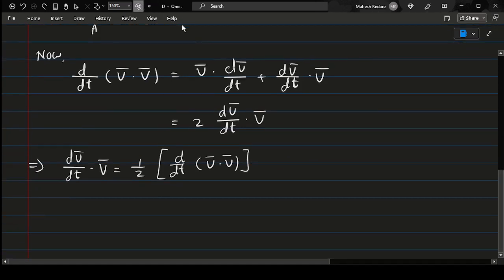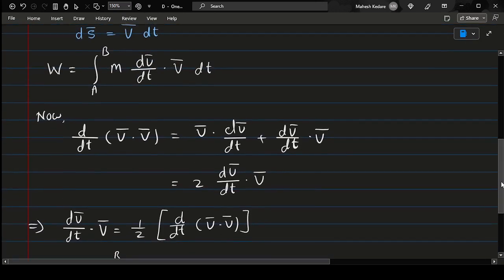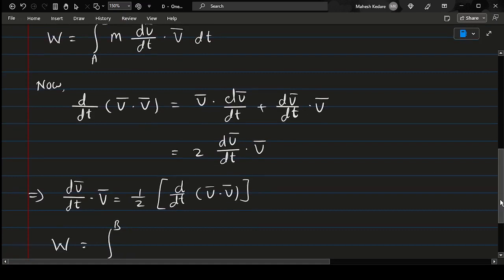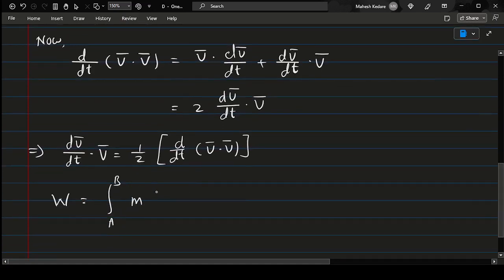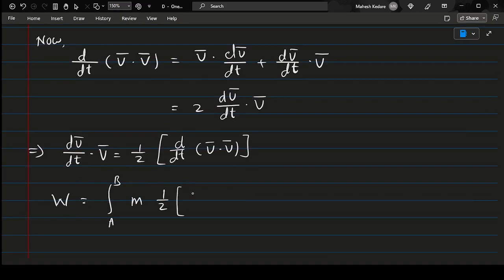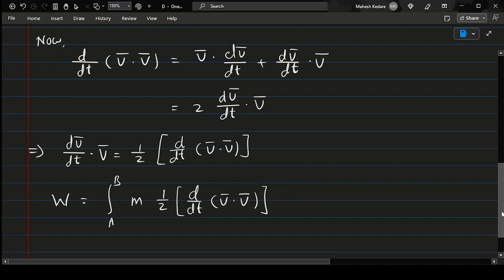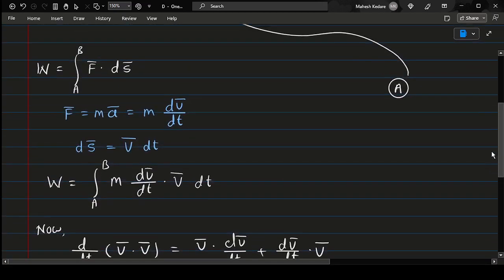for work equal to integration from A to B m into half d by dt of v bar dot v bar and then dt.